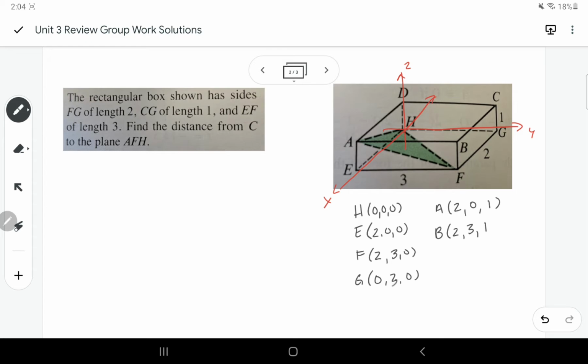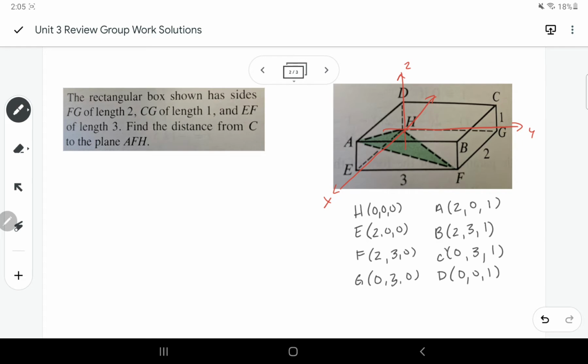Oops, and this is a 3 in G. I made a mistake there. And C is going to be 0, 3, 1, and D is 0, 0, 1.